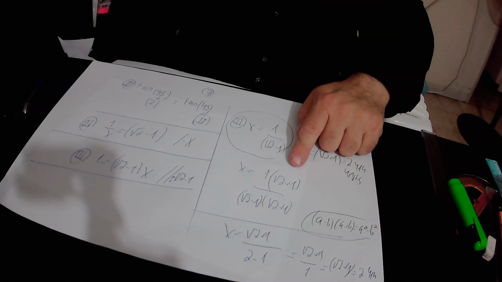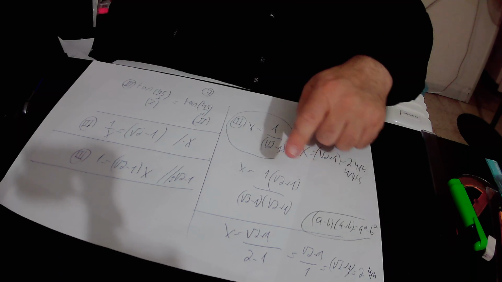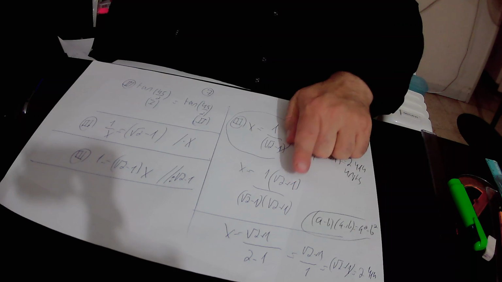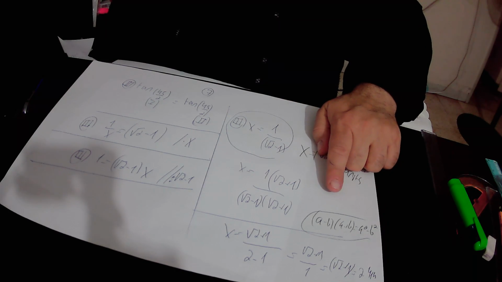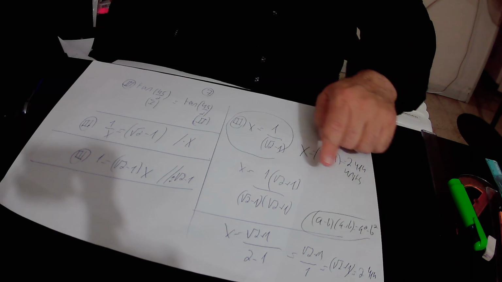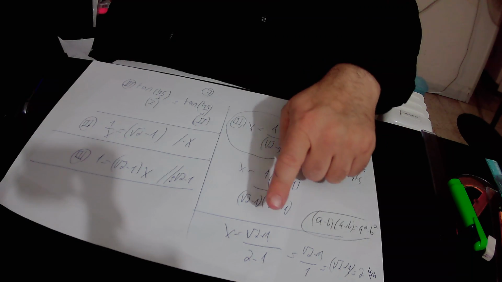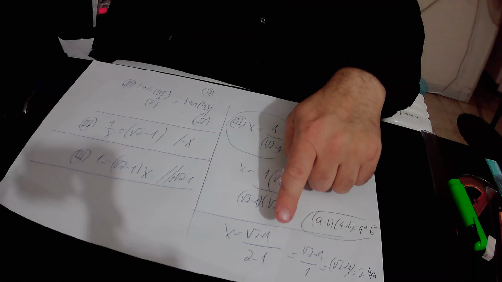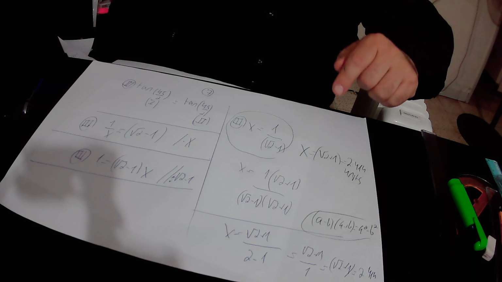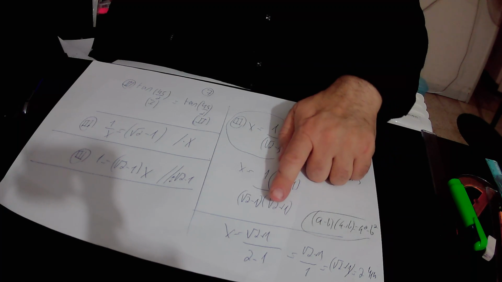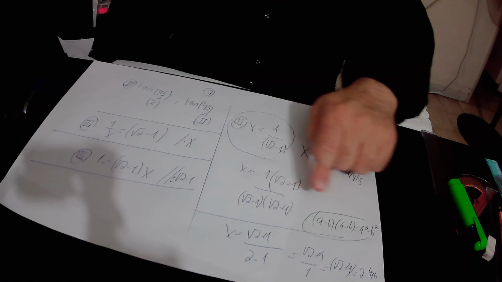In the denominator we have the square root of 2 minus 1 times the square root of 2 plus 1. According to the algebraic identity that a minus b times a plus b equals a squared minus b squared, it will equal the square root of 2 squared, that is 2, minus 1 squared, that is 1. So in total in the denominator we have 2 minus 1, that is 1. In the numerator we have the square root of 2 plus 1.